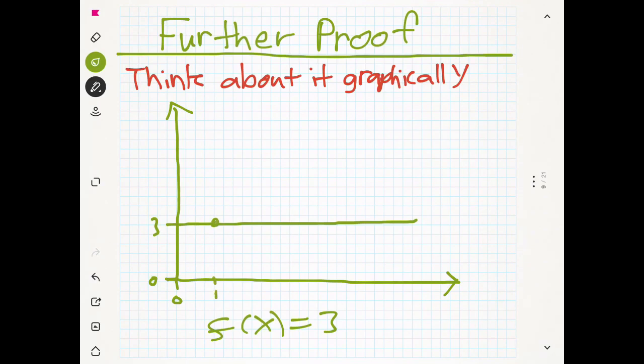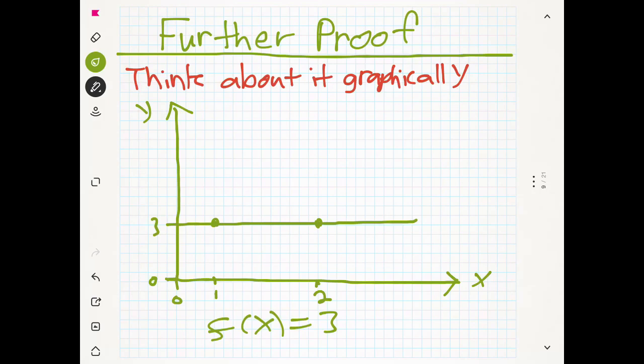I know this is not to scale, but it's just for the sake of example. Let's say this is x is equal to 2. This is your x-axis, this is your y-axis. Let's say we have a point here and here. In both cases, the function value, the y value, will always be 3. It is not changing, and therefore there is no rate of change.